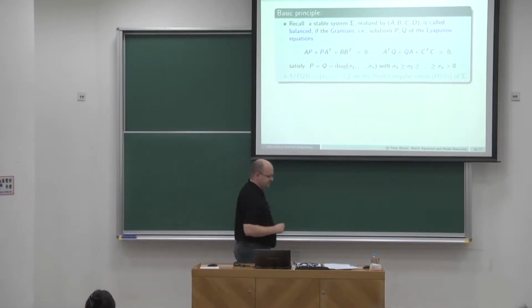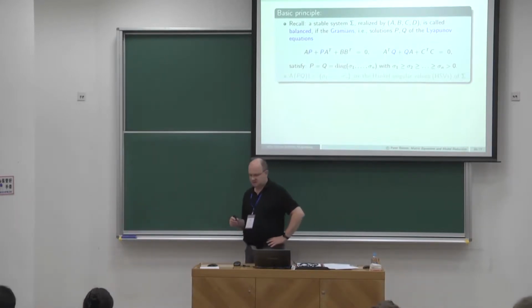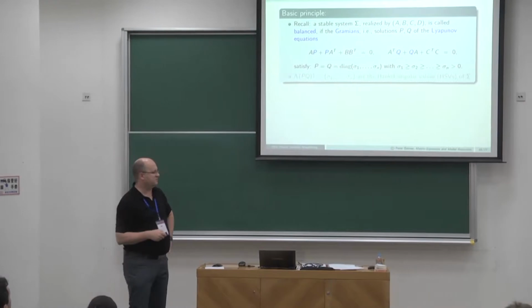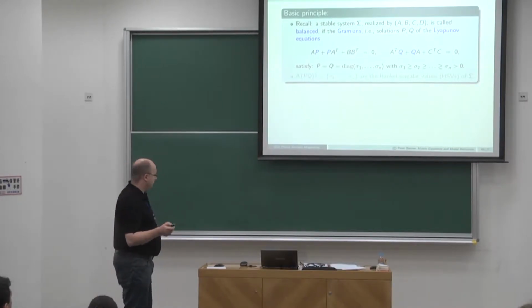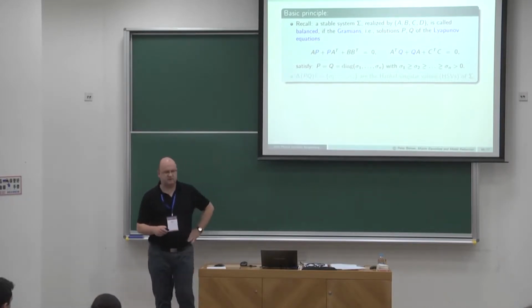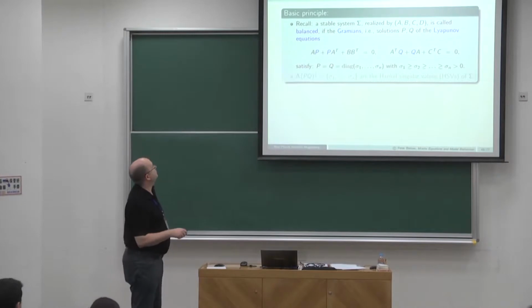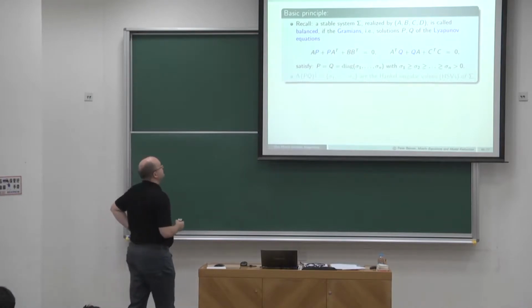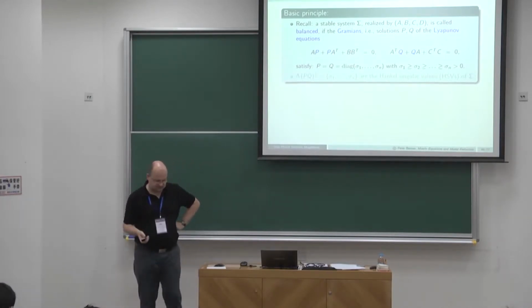The method has been extended to the descriptor case, that means to singular E matrices, but the derivations get a lot more involved and quite technical, in contrast to the interpolatory model reduction methods, where it's easier to incorporate the E, but it's doable here as well. And if E is invertible, it's also not a big issue. You just put an E here, E transpose here, and solve these equations, and you can do the same stuff. Anyway, let's assume that E is the identity.